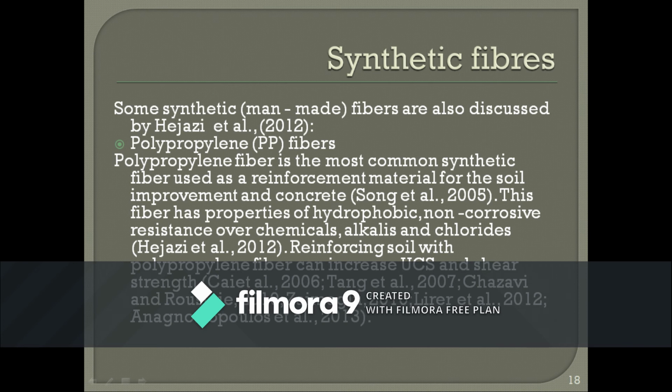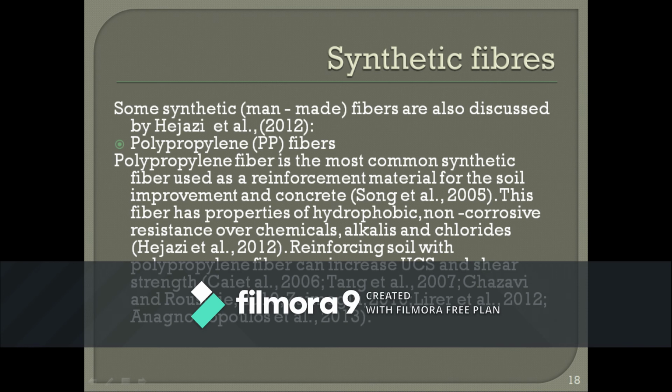So here, polypropylene, what is the main use? It is hydrophobic. It doesn't stick to water molecules. The next is non-corrosive action, and the next is that it is resistant to chemical, alkali and chloride reactions. It doesn't react with any of those materials. For that reason, generally we use this polypropylene fiber in concrete as well as for soil reinforcement.